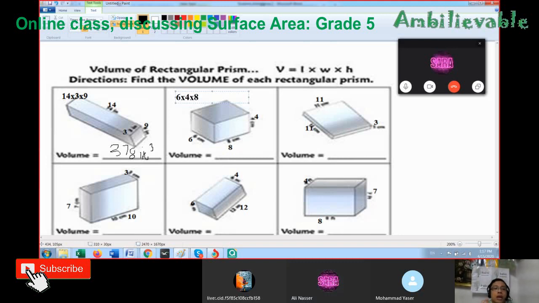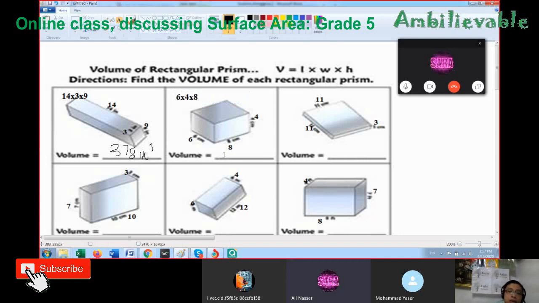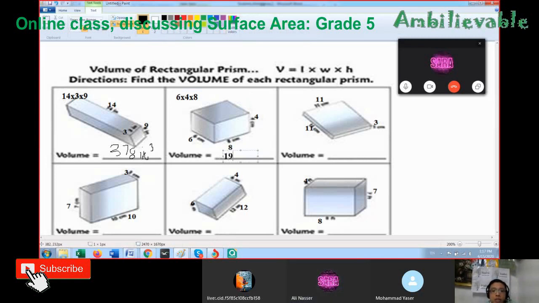So what would be your volume? 192. What is your unit? Centimeter cube. Okay.